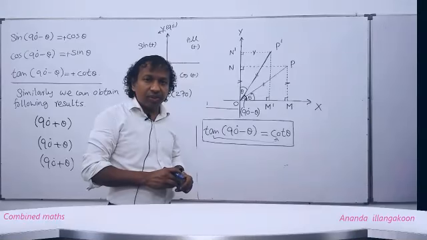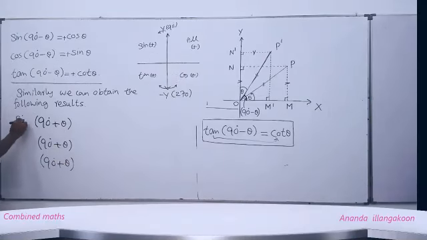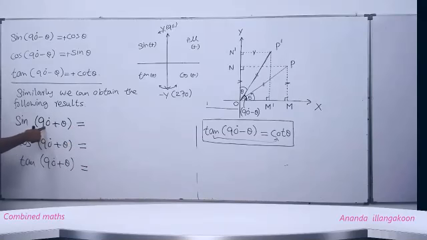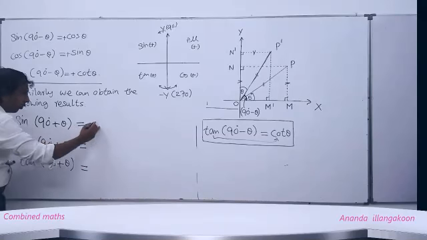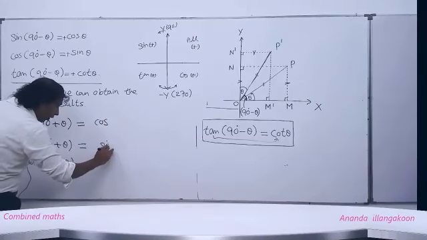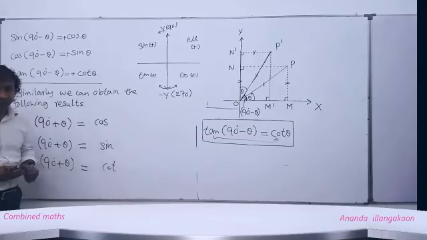Understand? Then first is sine, second one is cos, next one is tan. People, tell me, first angle is on the y-axis, so sine should go to cos, cos should go to sine, tan should go to cot, right?